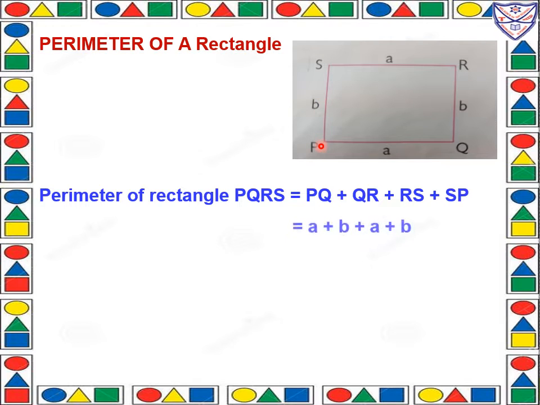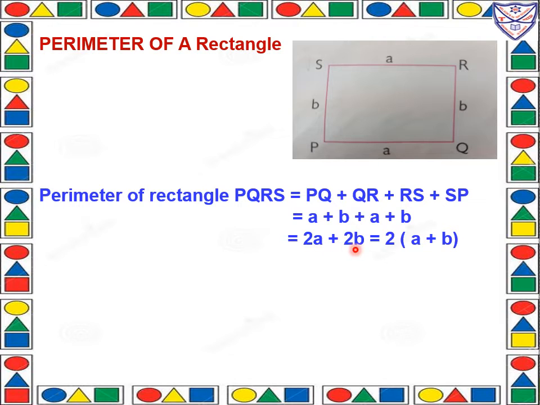Now the length of PQ is a, QR equals b, SR equals a, and SP equals b. So a plus b plus a plus b. a plus a is 2a, and b plus b is 2b.